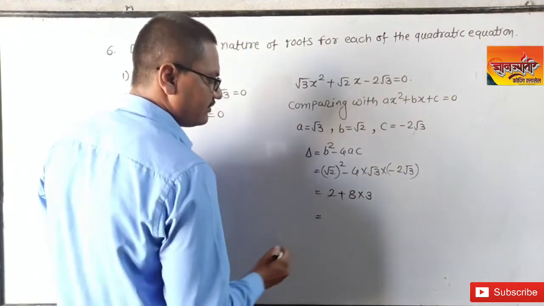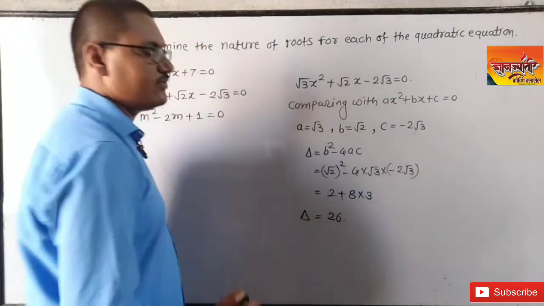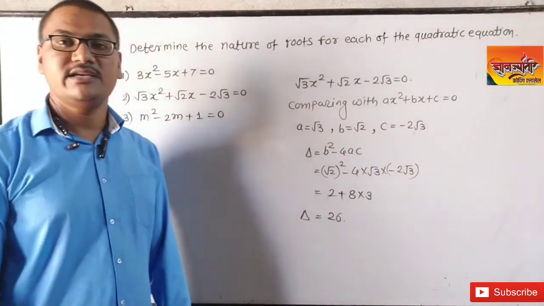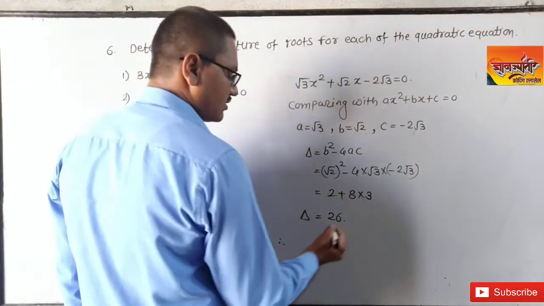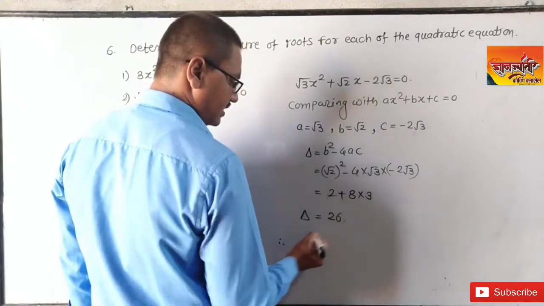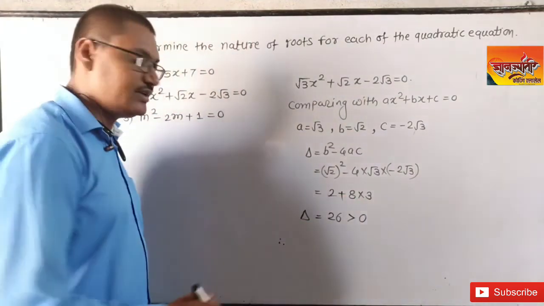After simplifying we get 26. The value of the discriminant is 26, and to determine the nature of the roots of the quadratic equation, the value is greater than 0.